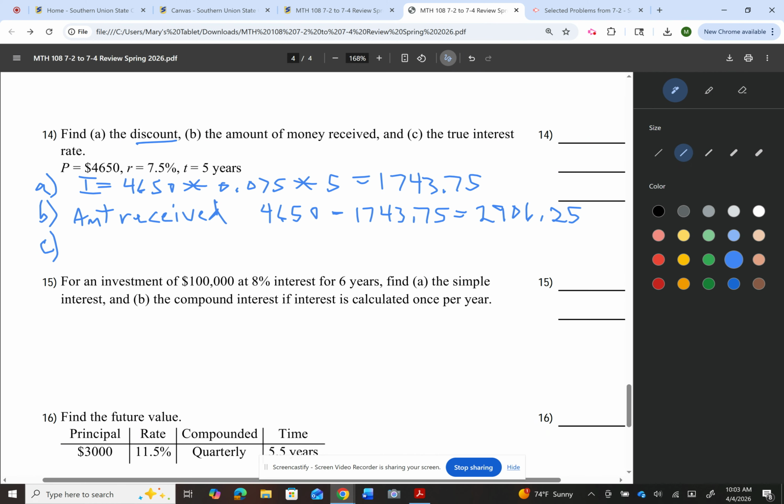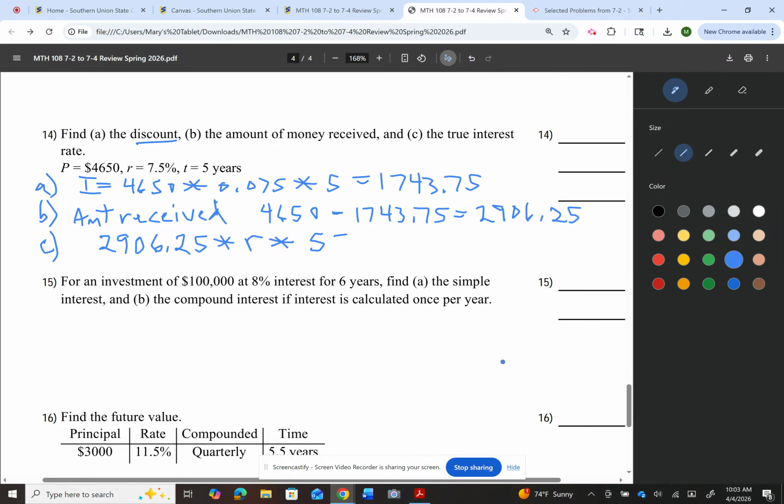And then for C, what that means is you didn't really have $4,650 to make use of. You really only got a little less than $3,000. So we're going to calculate what the interest really turned out to be. Instead of the P really being 4,650, you only made use of this much money, so we're going to use that for the amount borrowed. Still the 5 years, but we're going to see what the interest rate really would be.